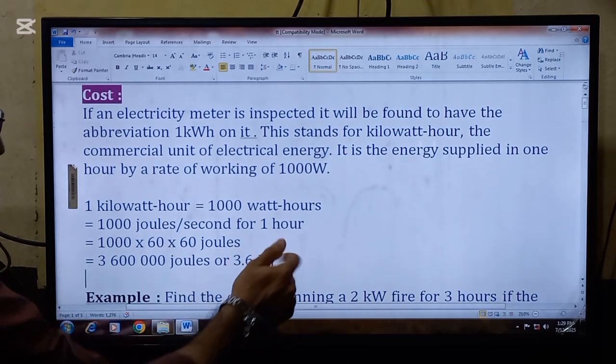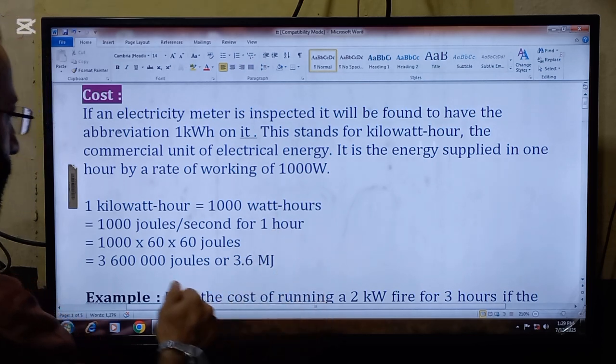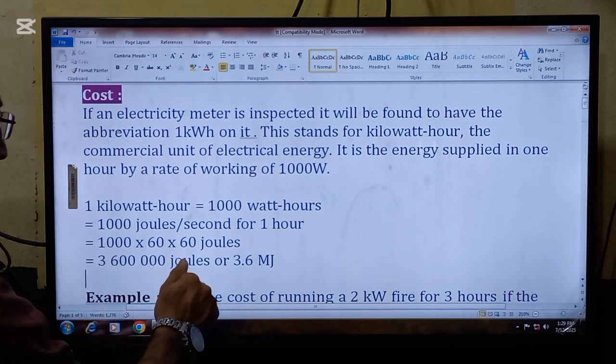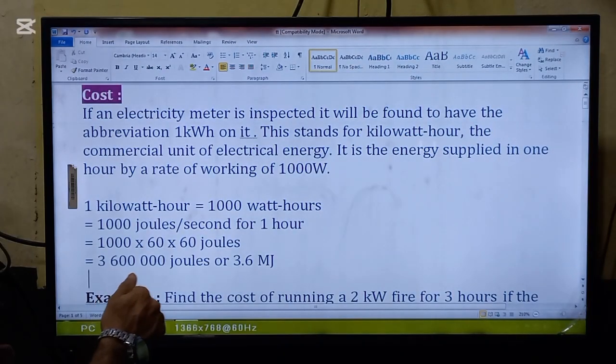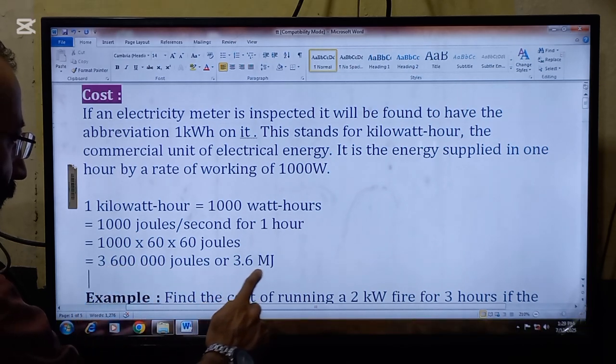In 1 hour there are 60 minutes, and in 1 minute there are 60 seconds. So 1000 into 60 into 60 joules. This will make 3600000 joules, or actually this is 3.6 megajoules.